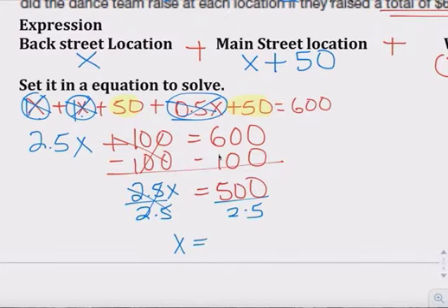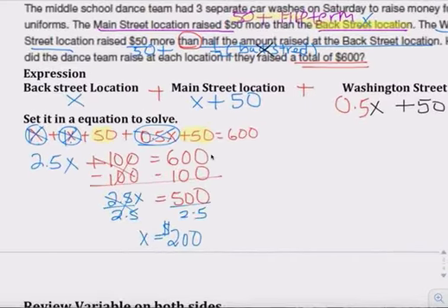Where's my calculator here? I have to go get one. Okay, half of 2 is 1, half a little bit more than that. Let's see. 500 divided by 2.5 equals $200. Okay, who's making $200? Back Street. So Back Street is going to make $200.